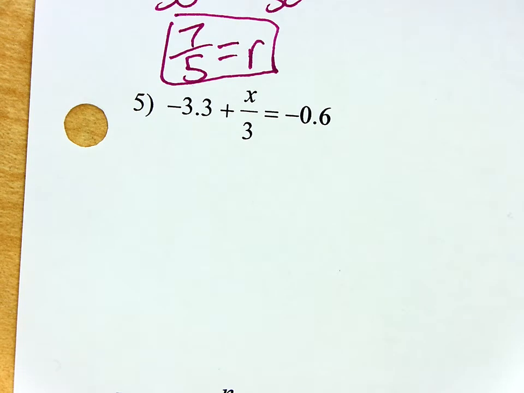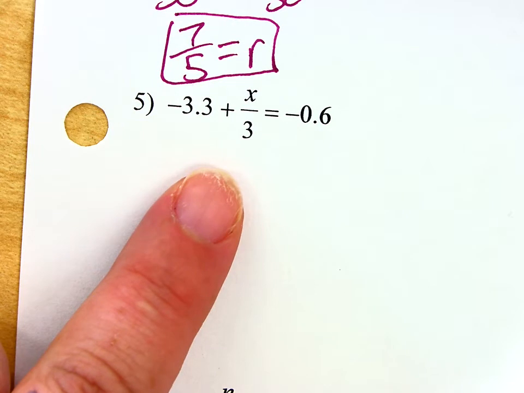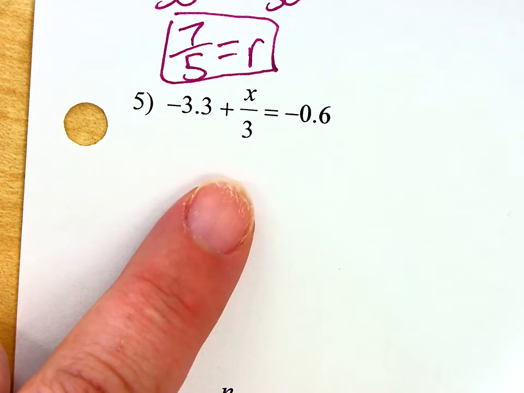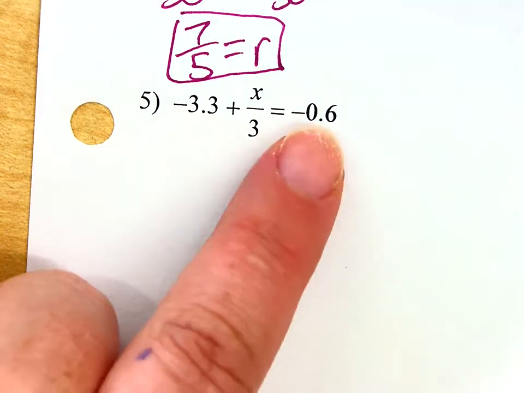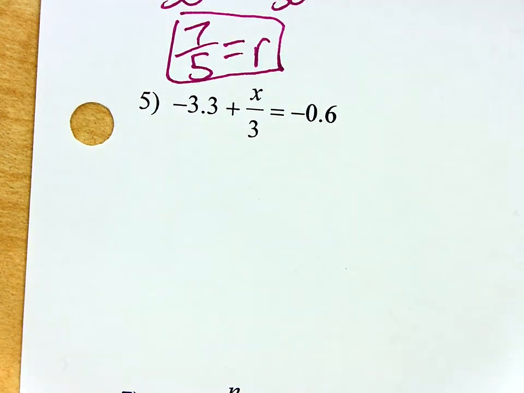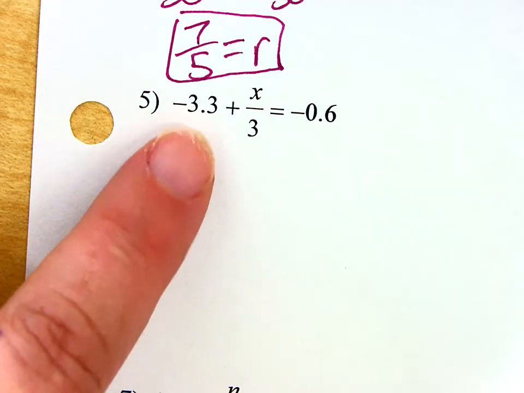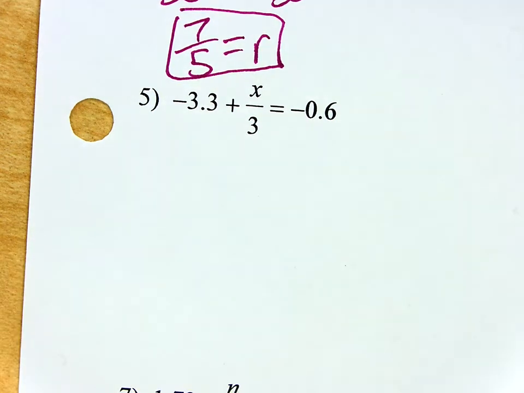In my opinion, I'd probably multiply everything by 3 because it's not so bad to multiply these by 3. Or, alternatively, maybe I could add the 3.3 to the other side first, and then there would only be one number that I'd have to multiply by 3.